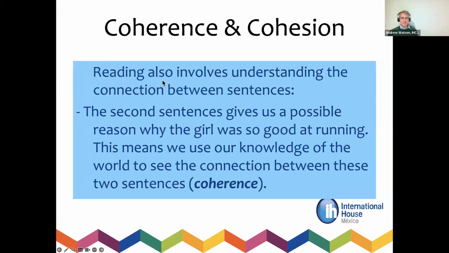Coherence is all about making logical sense, whereas cohesion is something else. But let's explain what coherence is first. So we need to understand the connection between the sentences. The second sentence gives us a possible reason why the girl was so good at running. So we use our knowledge of the world to see the connection between these two sentences. Does that make sense?